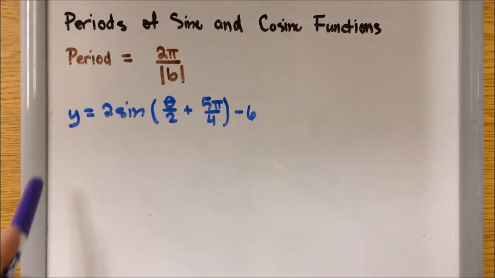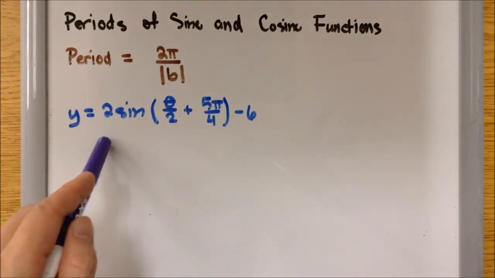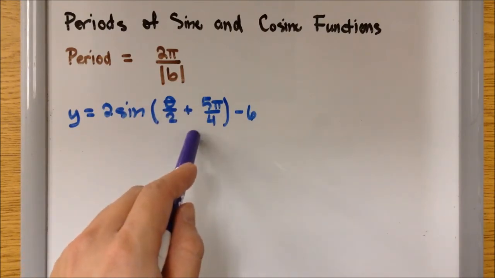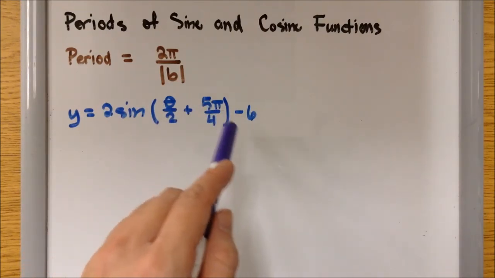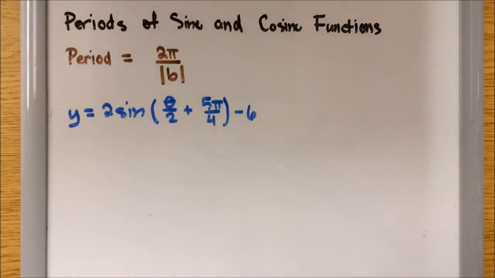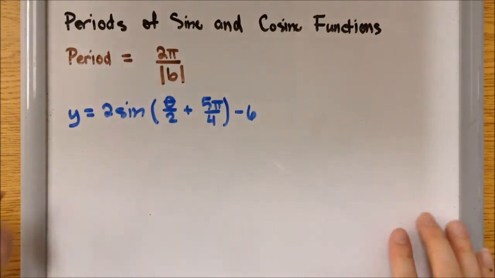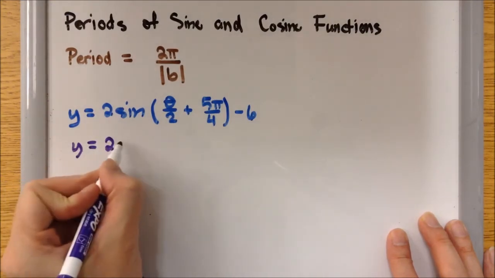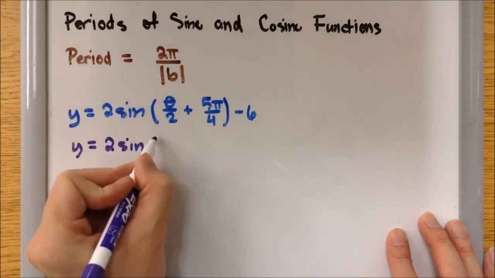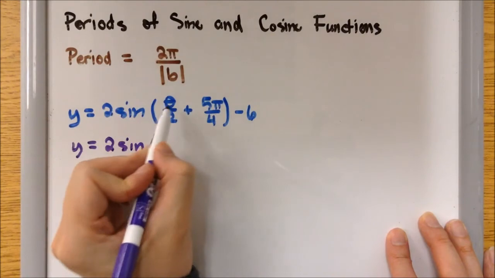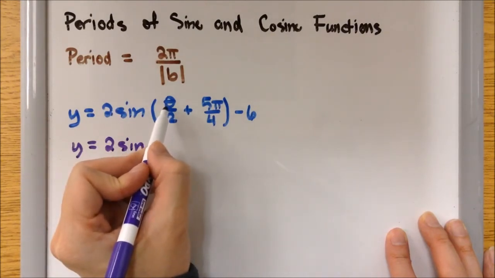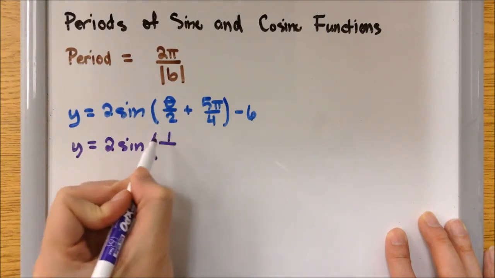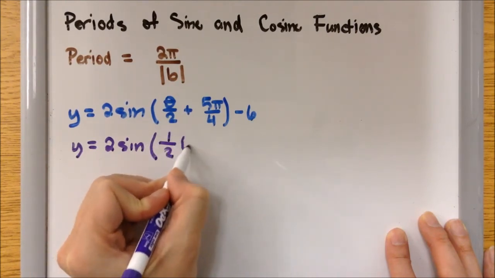Alright, in our second example, we have y equals 2 sine of theta over 2 plus 5 pi over 4 minus 6. Now, we can rewrite this as y equals 2 sine of, since it's just simply angle theta on the top, we can write it as just 1 as the numerator, keep the denominator, and put angle theta on the side.